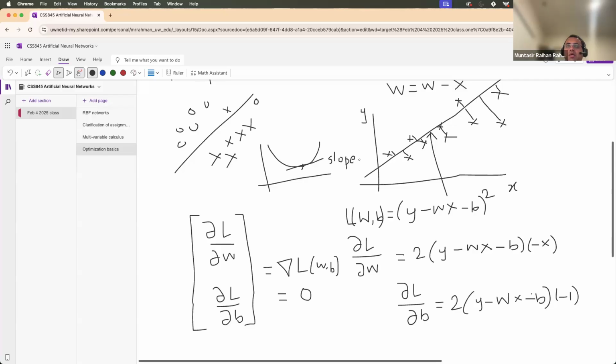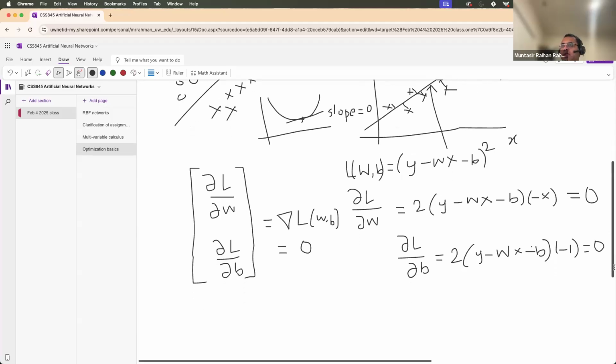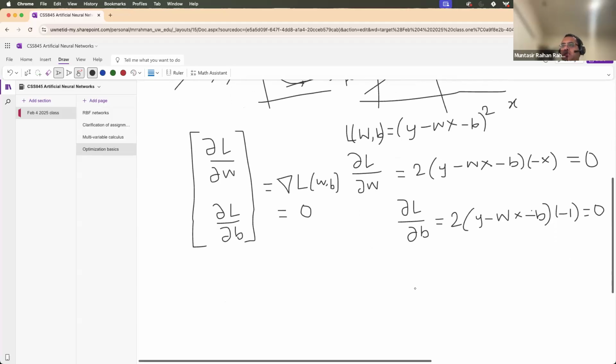So in 1D, it's a single quantity, but in higher dimensions, it's going to be a vector of partial derivatives, which is what we know as the gradient of a function. We set this to 0, which means each of these components has to be 0. So both of these are going to be 0. And in this simple case, you can probably solve this.